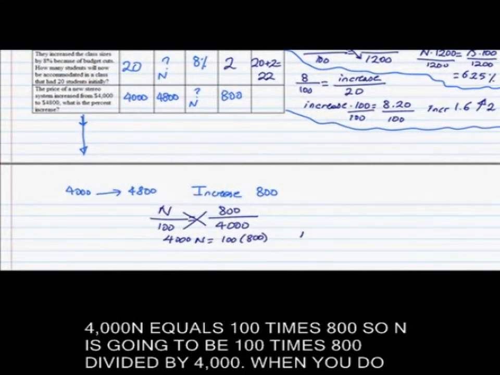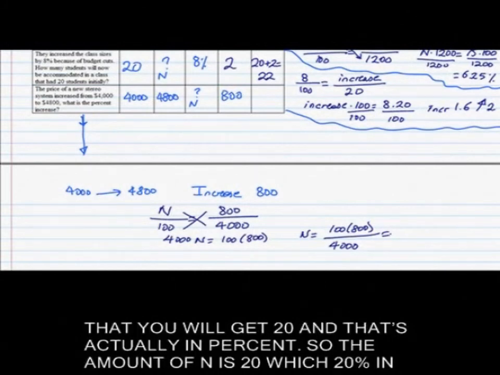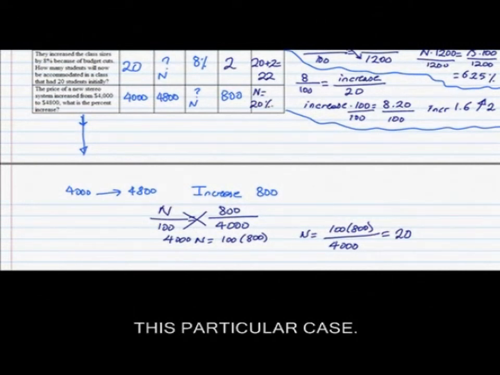So n is going to be 100 times 800 divided by 4,000. When you do that, you will get 20, and that's actually in percent. So the amount of n is 20, which is 20% in this particular case.